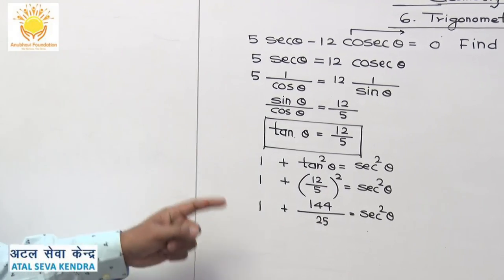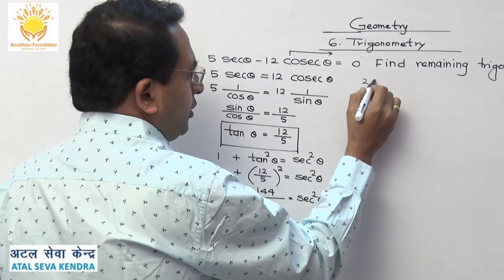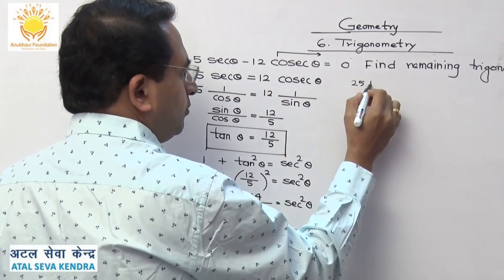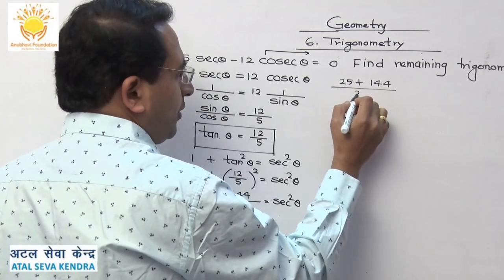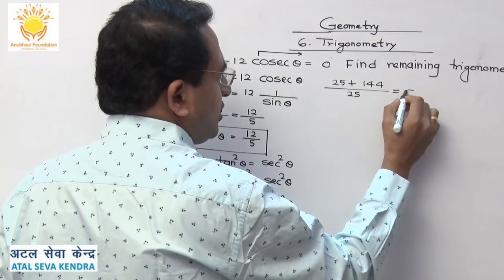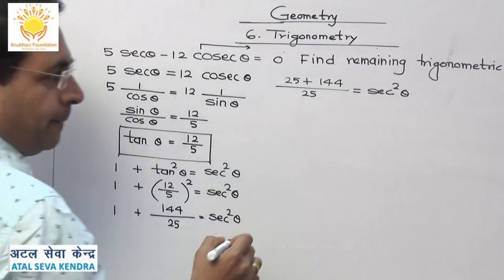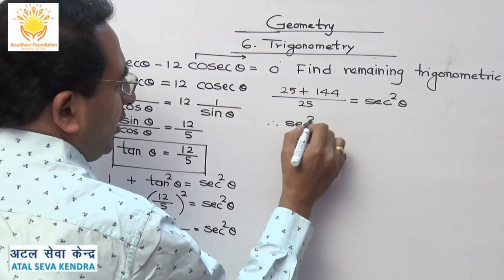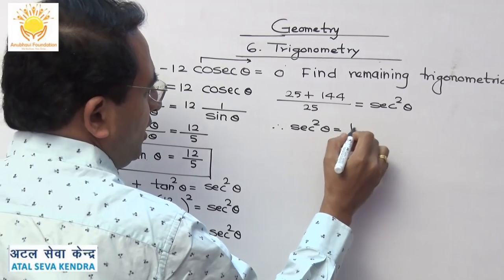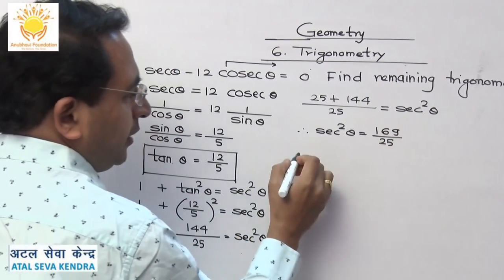Then you will cross multiply this. That is going to become 25 plus 144, whole thing divided by 25, that is sec square theta. So sec square theta is going to be 169 upon 25.